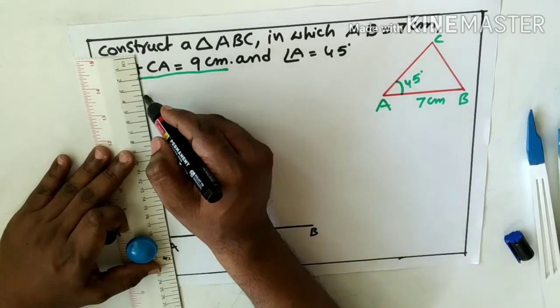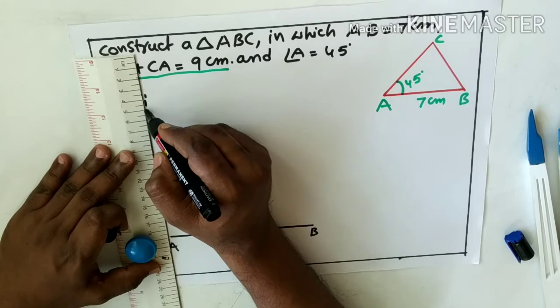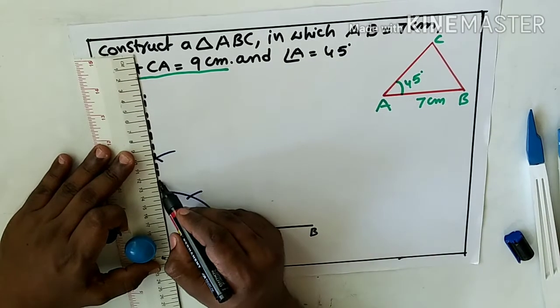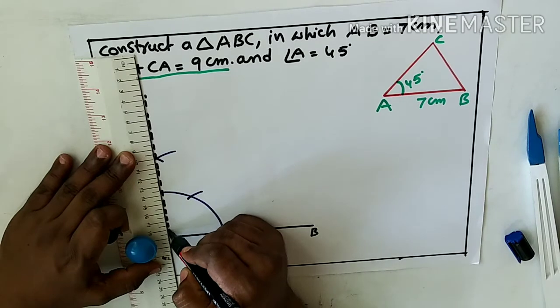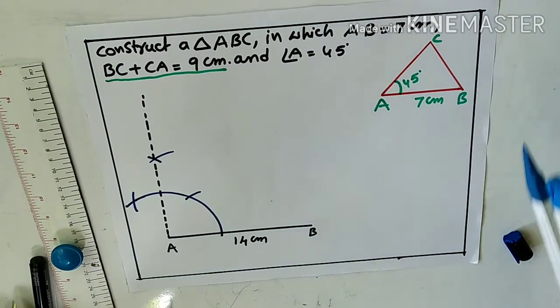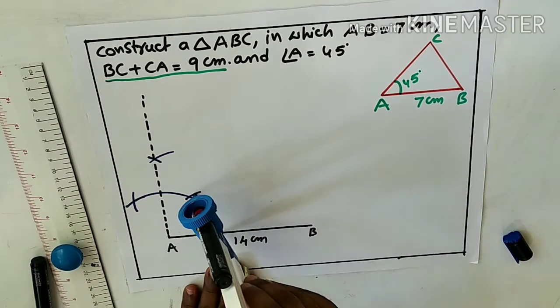Join with a dotted line, children, because we need 45 degrees. What I am drawing is 90 degrees. So if you draw the angular bisector of this, then you will get 45 degrees. I did not disturb this gap.